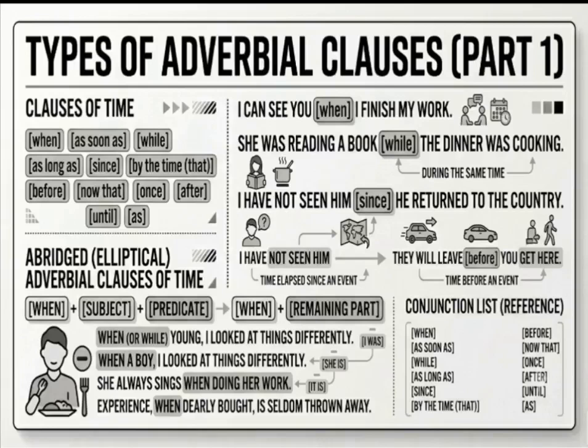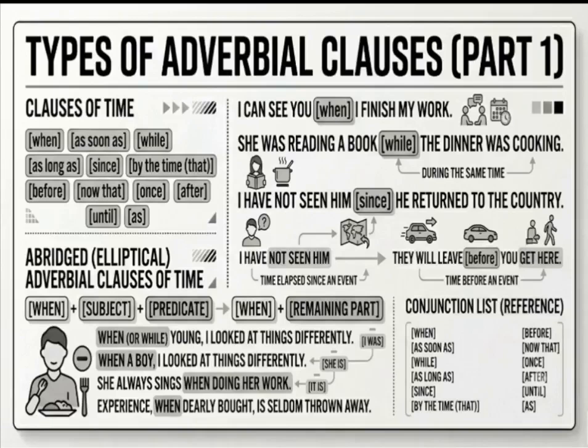But now, look at the bottom half of this slide. This is where English gets sneaky. We have something called abridged or elliptical adverbial clauses. Elliptical just means some words have been intentionally left out because they are already understood.